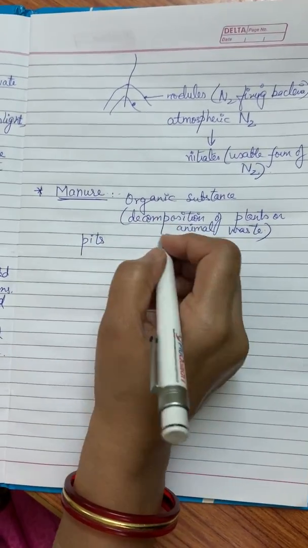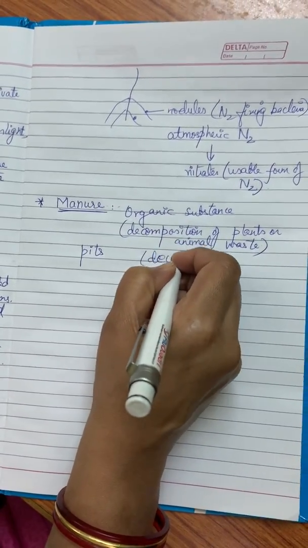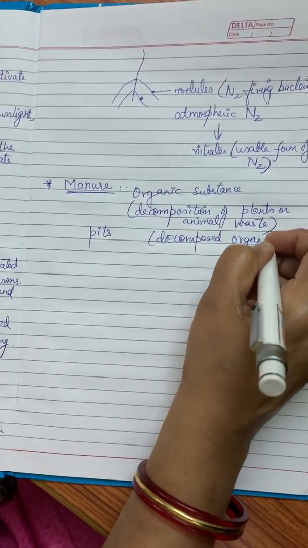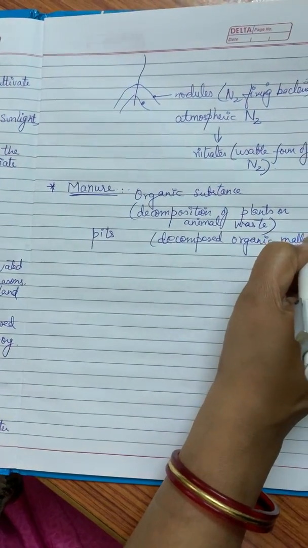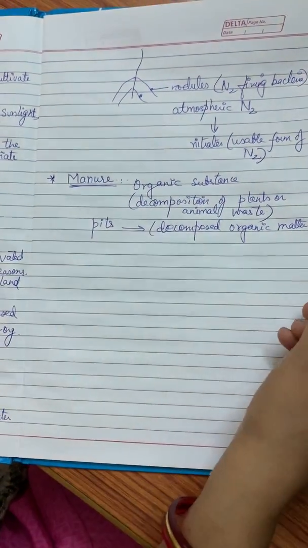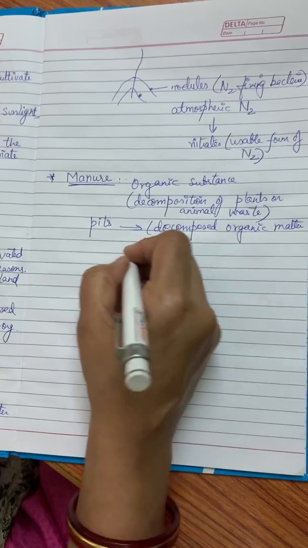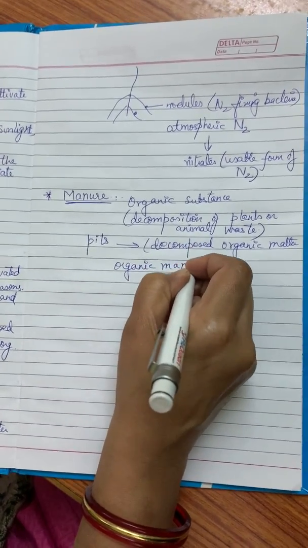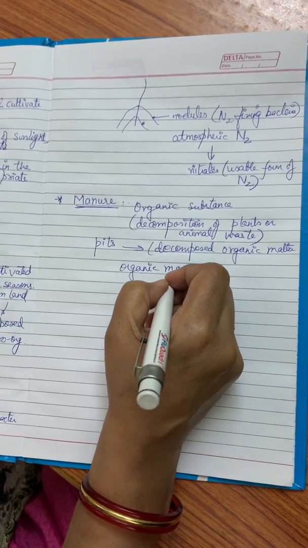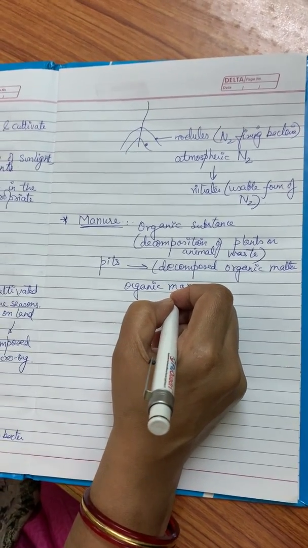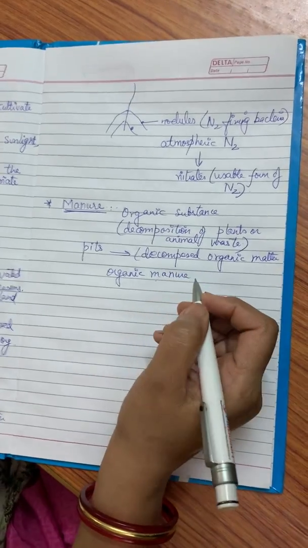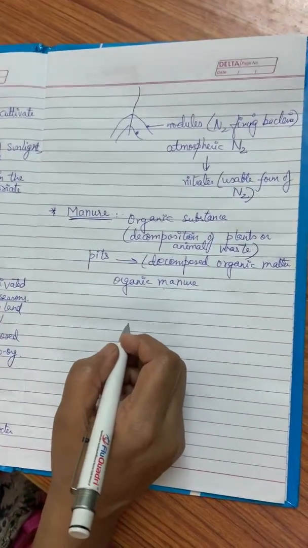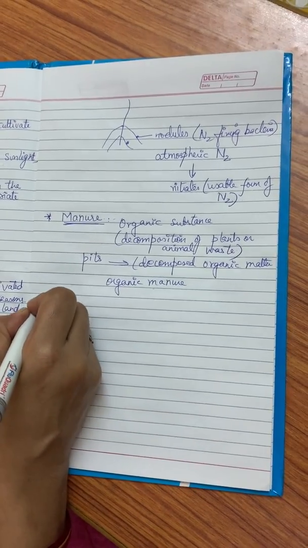The decomposed organic matter which is put in the pit is used as an organic manure. It not only increases the fertility of the soil, but also increases the water holding capacity of the soil. If manure is more, the water holding capacity of the soil is also more.